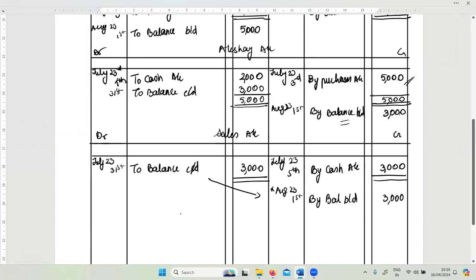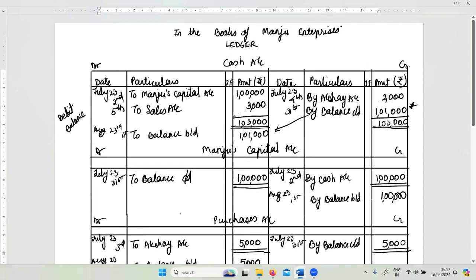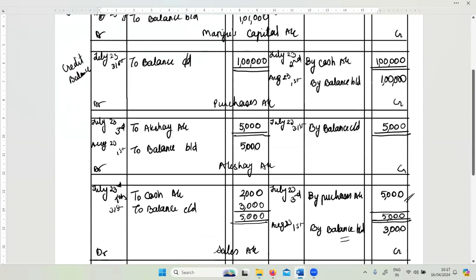Now, if I have to see the balances in the different accounts, if you see the cash account, as I told you, it has a debit side more, so it has a debit balance. Manju's capital account has the credit side more, so it has a credit balance. If you see the purchase account, it has more on the debit side, so it has a debit balance.